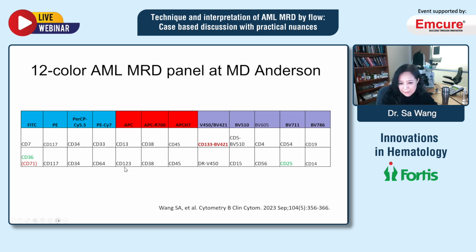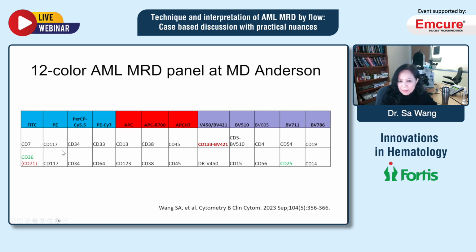We have used CD123 since we used 8 colors back in 2012, so it is a very useful marker. In this new panel, we also replaced CD71 with CD36, because that is the only marker for erythroid and megakaryocytic lineage in this screening panel. If needed, we will add more markers.